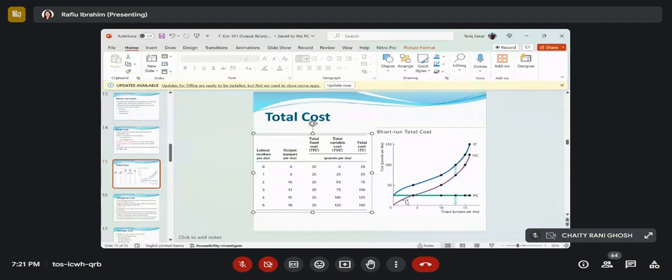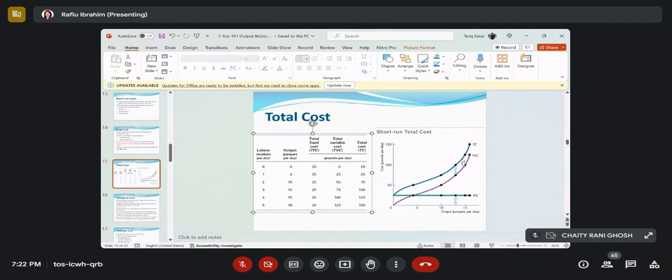However, total variable cost varies, and if you're not producing any output, you do not incur any variable cost. So no jumper is produced, no labor is hired, so variable cost is zero. The total cost is 25. Why? Simply because although the variable cost is zero, we still have incurred the total fixed cost. Right, that makes the total cost 25.